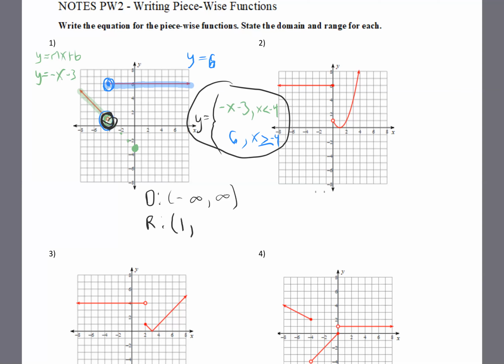Does this graph have a highest point? No. So this arrow just keeps going up forever, so that means it's going to go all the way up to infinity. So this would be your domain and your range. Is the domain always negative infinity to positive infinity? The domain, probably for the ones we're doing in here, will always be all the numbers.